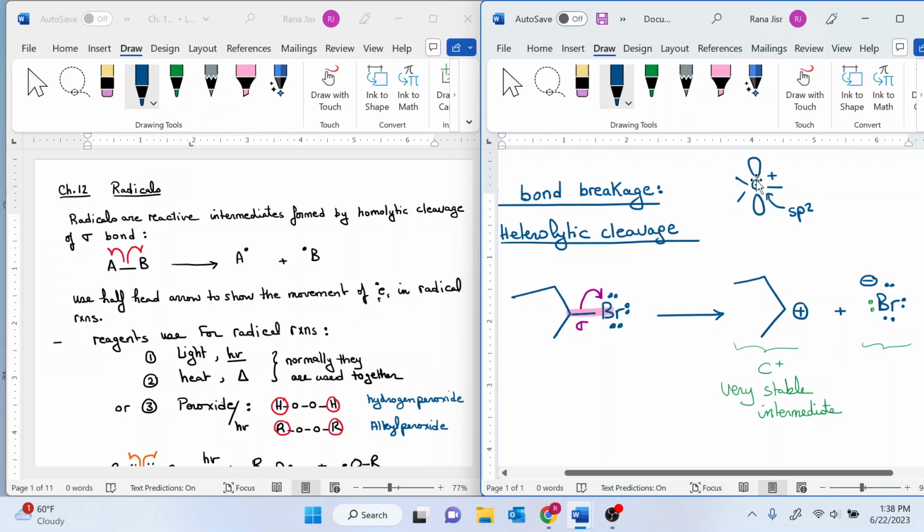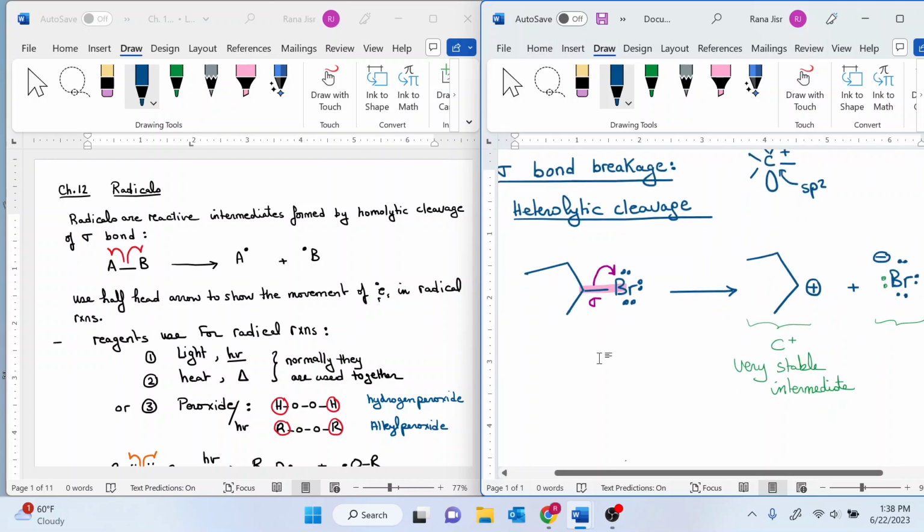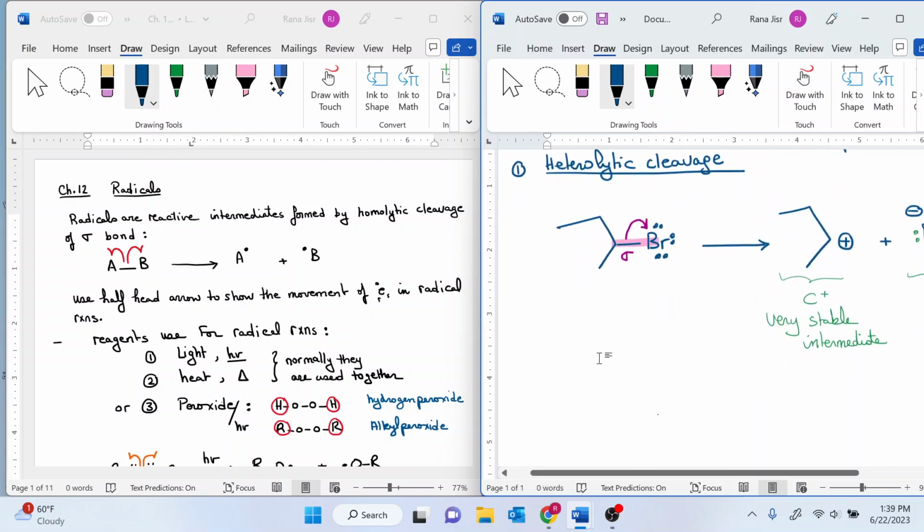Because they have an empty p orbital, the intermediate is very reactive, since it can accept electrons in its p orbital. So heterolytic cleavage always ends up forming cations and anions. Notice that the way these cations and anions are formed is completely different from the other type of bond cleavage.